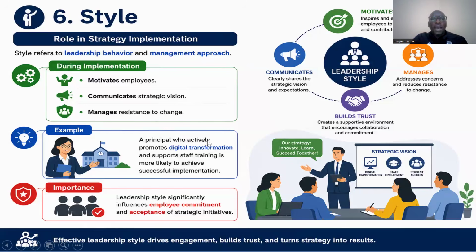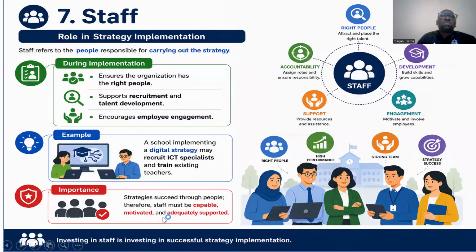So a principal who actively promotes digital transformation and supports staff training is more likely to achieve successful implementation. So leadership style significantly influences employee commitment and acceptance of strategic initiatives. Now, staff.